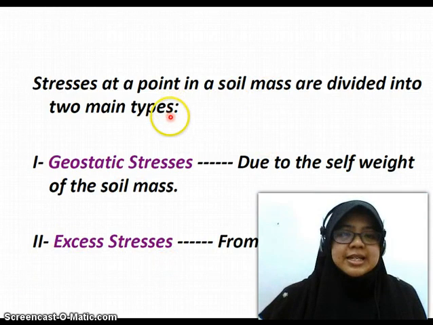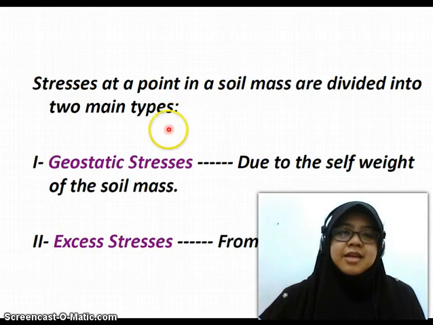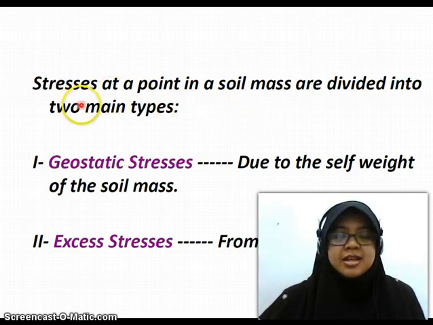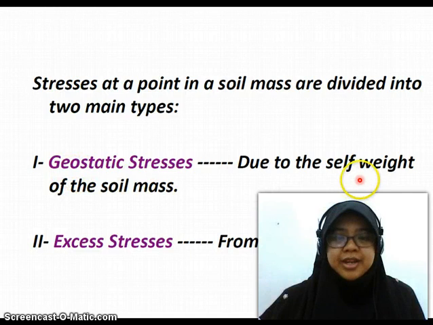Basically, there are two sources that induce the soil to have stress. The first one is their own self-weight. We call this the geostatic stress, due to the self-weight of the soil mass.